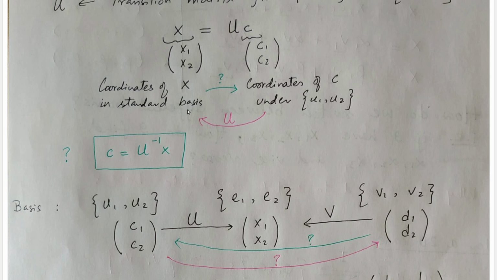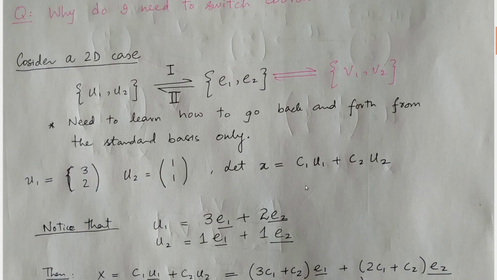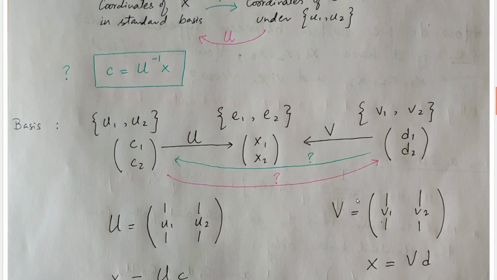The idea is the same: you make an n-dimensional transition matrix using the vectors of your non-standard basis, and you have it. Okay, so now let's address the remaining problem. The remaining problem was, how do I go from one non-standard basis to another non-standard basis? And this can be done as follows.